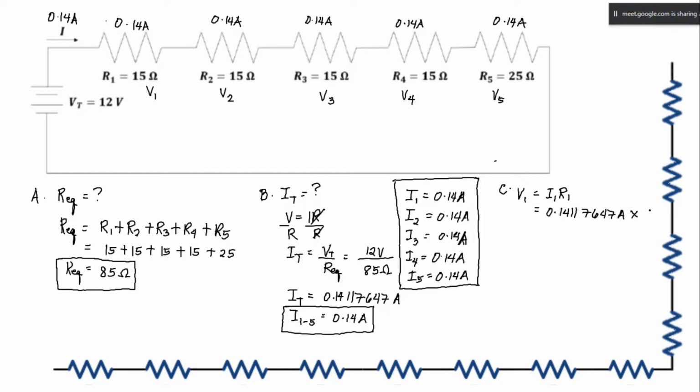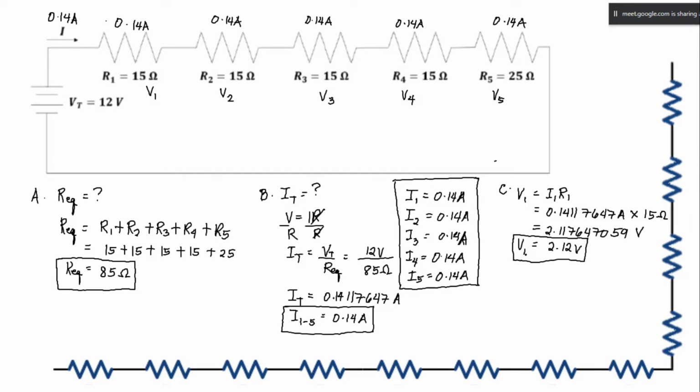Times yung ating R sub 1, which is 15 ohms. 0.14117647 times 15, and that is 2.117647059 and the unit is volts. So our V sub 1 now is 2.12 volts.